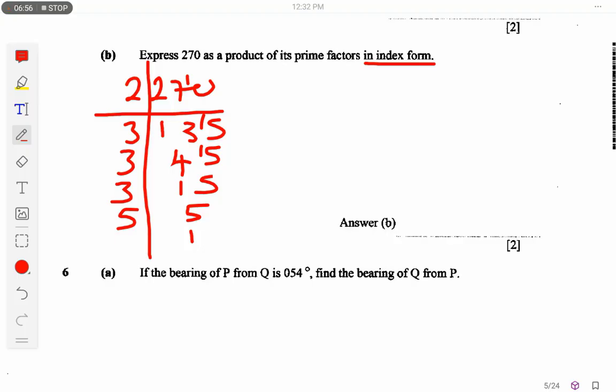So at the end of the day, I have 270 equal to 2 times 3 times 3 times 3 times 5. But this is the product of the prime factors, not in index form.